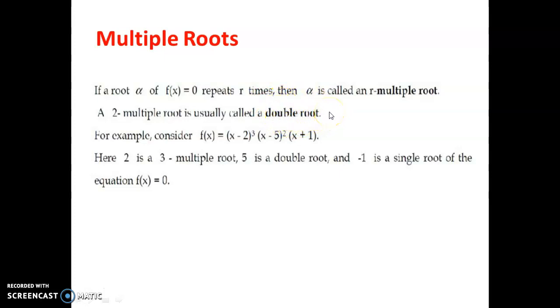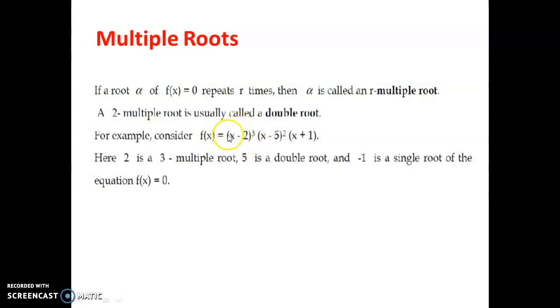Now let us look at how these multiple roots come about. For example, consider the function f of x is equal to x minus 2 whole cube into x minus 5 whole square into x plus 1. Here x minus 2 is a factor of this polynomial f of x 3 times.